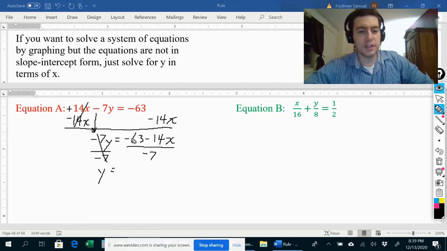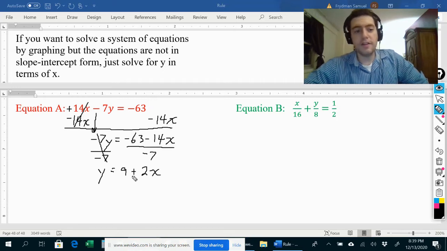So let's see, negative 63 divided by negative 7 would be positive 9. Negative divided by negative is positive. And then negative 14x divided by negative 7 would be positive 2. So since I get a positive, I'll write plus 2x.